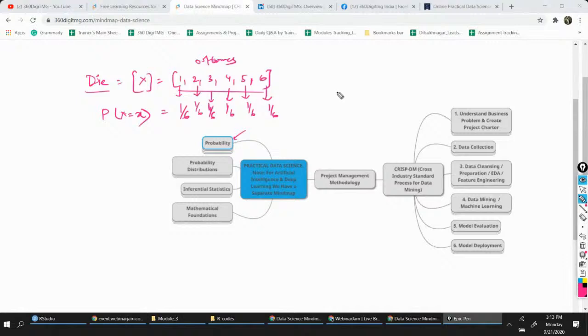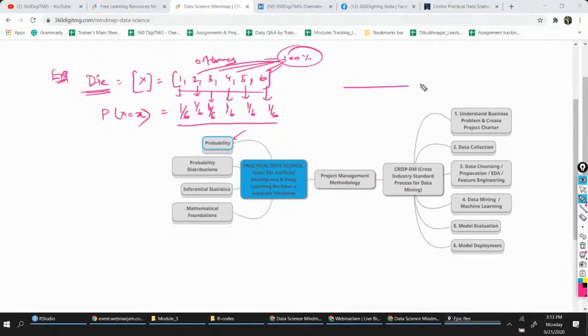So I'll take the probability of this experiment. 100% chance would be there for the outcome, right? But what is the individual chance? We don't know. So we are distributing that chance among the possible outcomes, and this is what you get.